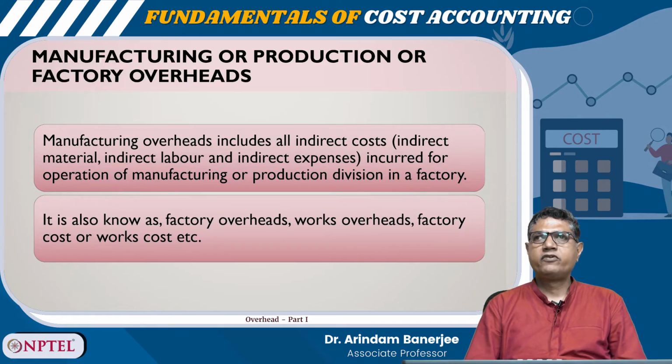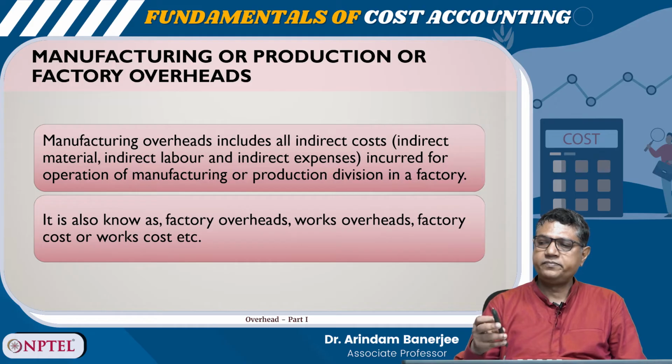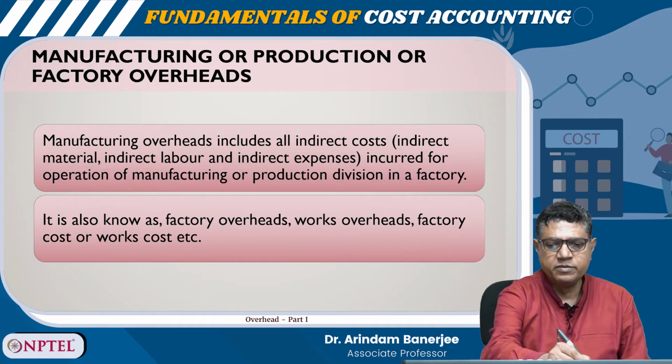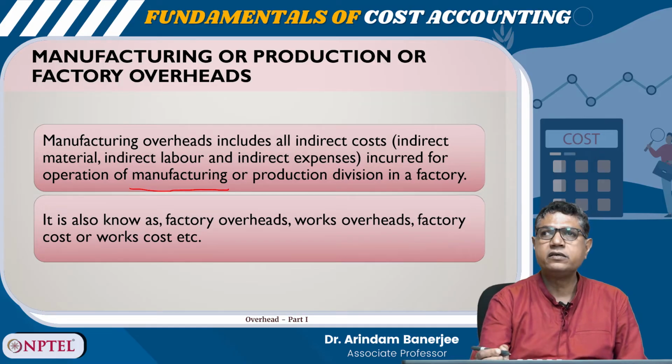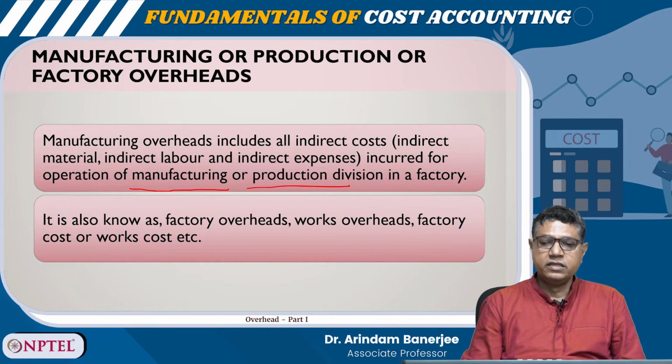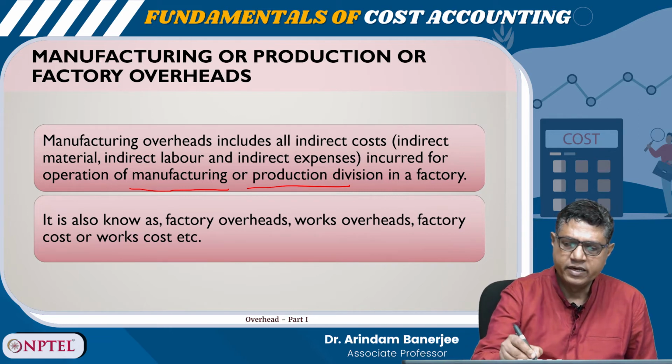Manufacturing or production or factory overhead. Manufacturing overheads include all indirect costs, that is indirect material, indirect labor and indirect expenses incurred for operation of manufacturing. This is important, operation of manufacturing or production of a factory. There is another name for it. It is called.